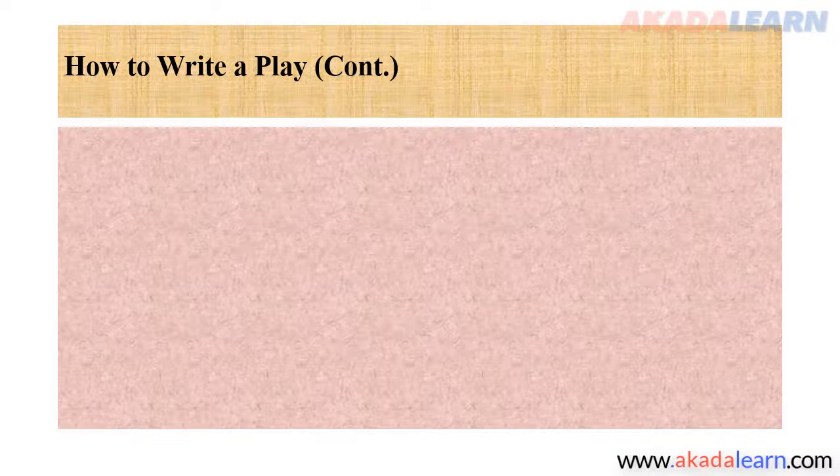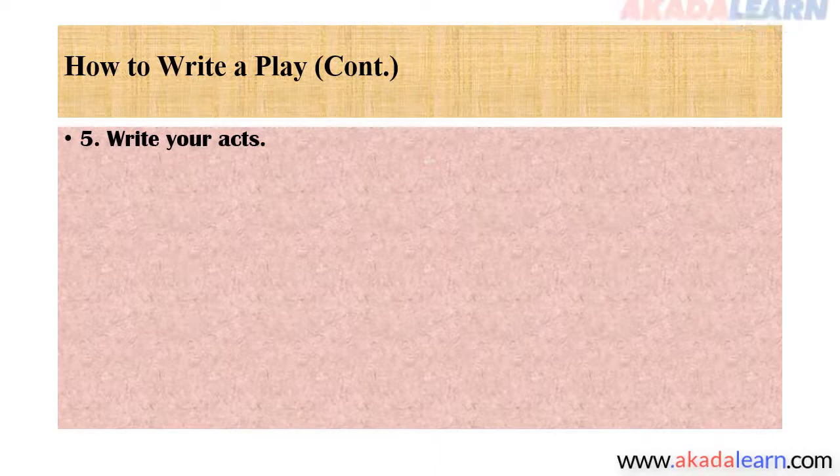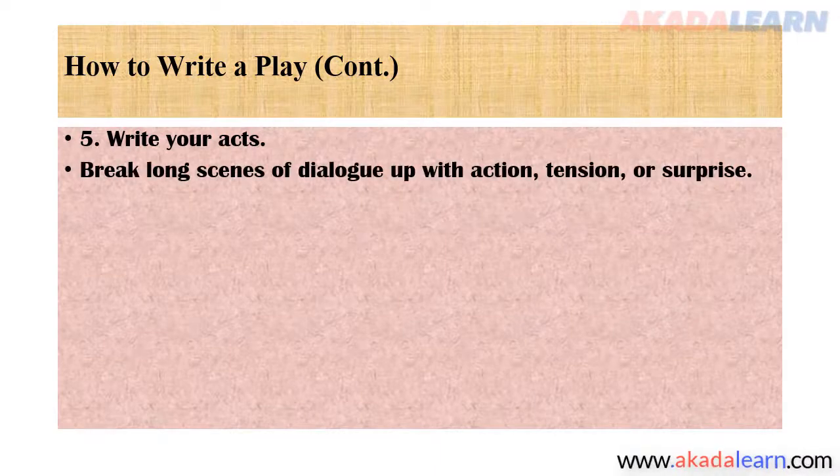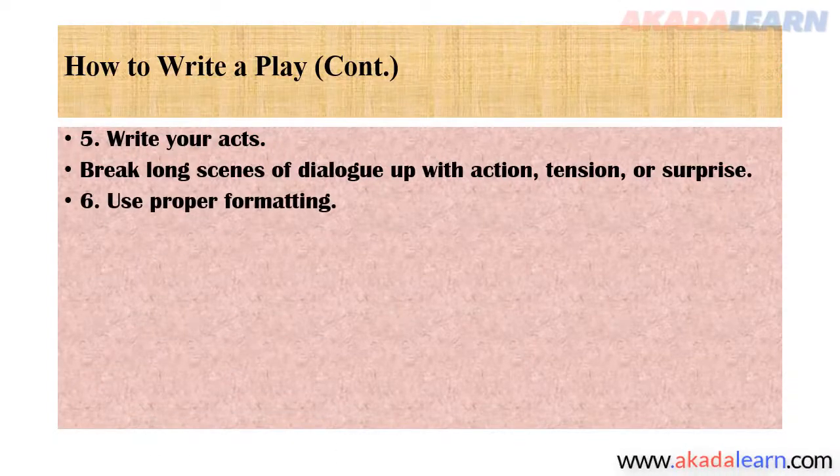The fifth thing you will consider in writing a play is that you write your acts. In doing so, you have to break long scenes of dialogue up with actions, with tension, or with surprise. Then the sixth thing you need to consider is that you use proper formatting.